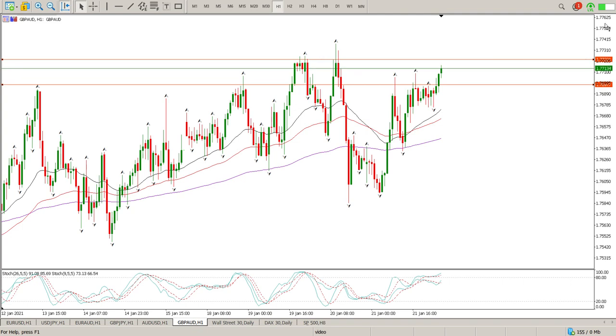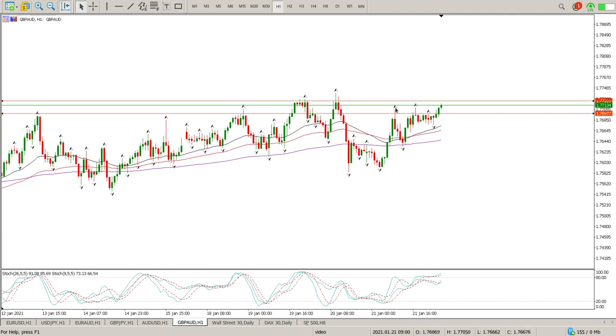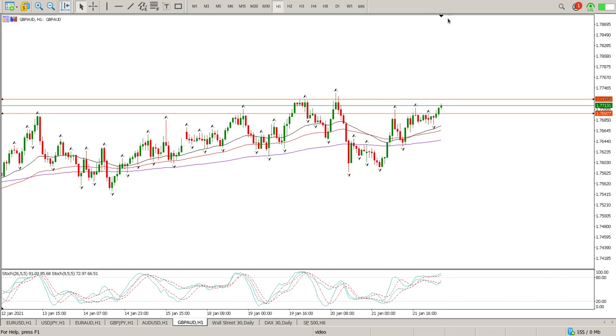So short and sweet, at the moment there is a small little head and shoulders here. If we adjust that just to that inside tail there, a break and retest of 175,251 will get me long, with a stop below this current swing low at the moment, which is 1.76758.